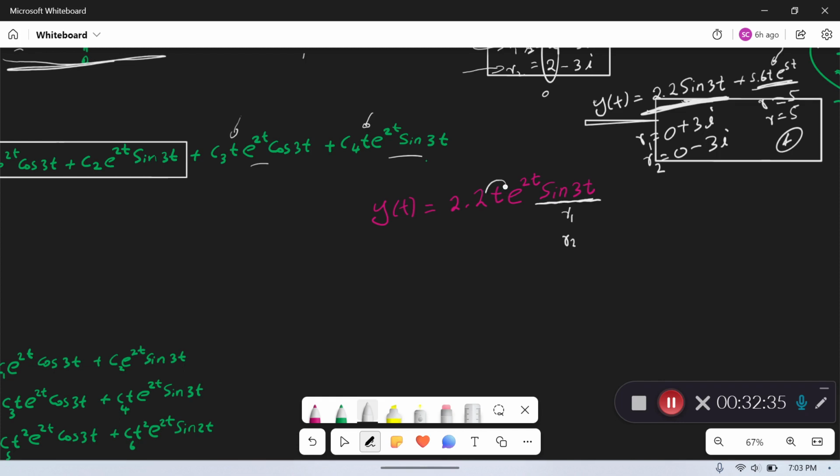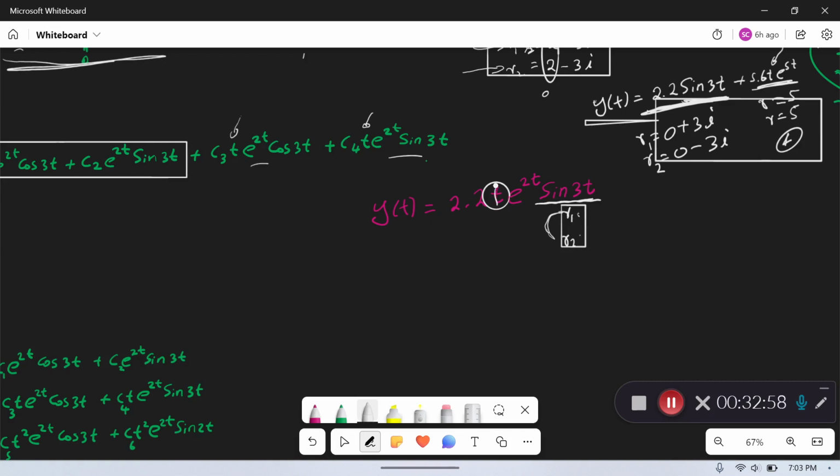And because of this term, we should realize that whatever the complex root we have here is repeated. So basically, we will be having a complex root which is repeated. When you say complex root, from there itself you have 2.